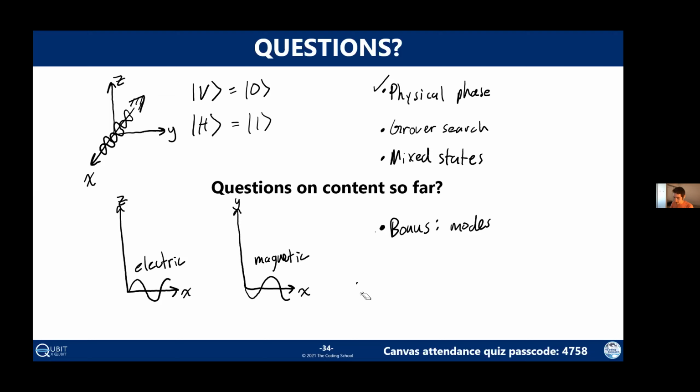So in photons, when you're talking about polarizing photons, relative phase just means how aligned the electric and magnetic fields are. Whereas the proportion of 0 and 1 has to do with whether the electric field is along the z-axis or along the y-axis.